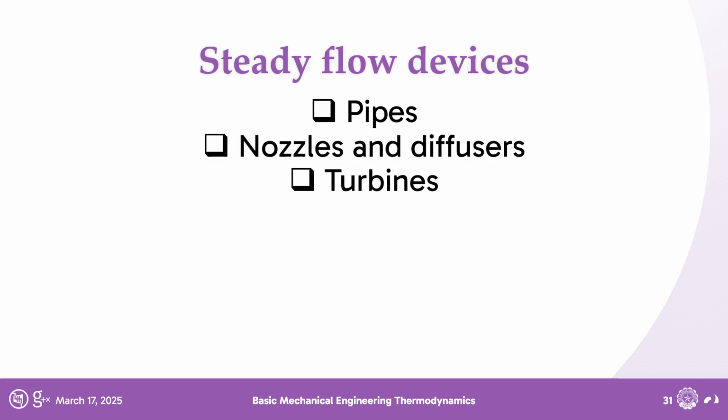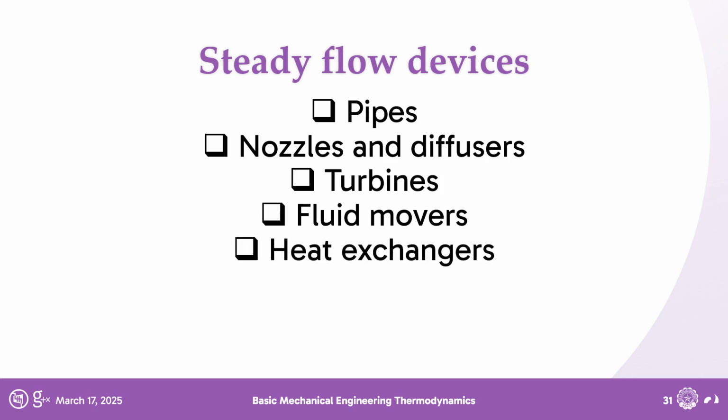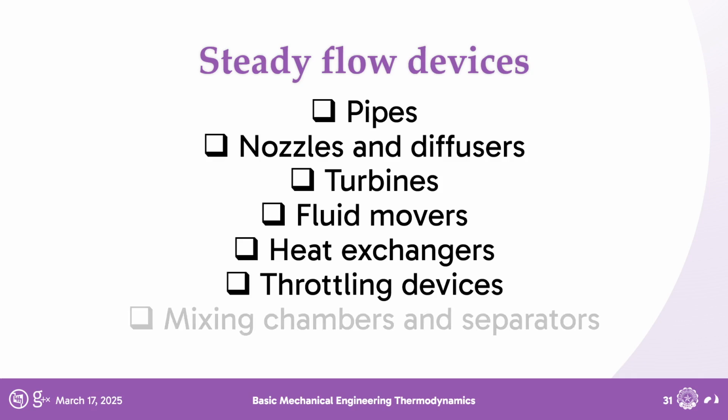We have turbines and, ang kabaliktaran ng turbines, fluid movers, like pumps, compressors, fans, blowers, electric fans are fluid movers, heat exchangers, throttling devices such as expansion valves or just valves in general, mixing chambers, and finally separators. So, lots of different steady flow devices available for our analysis.